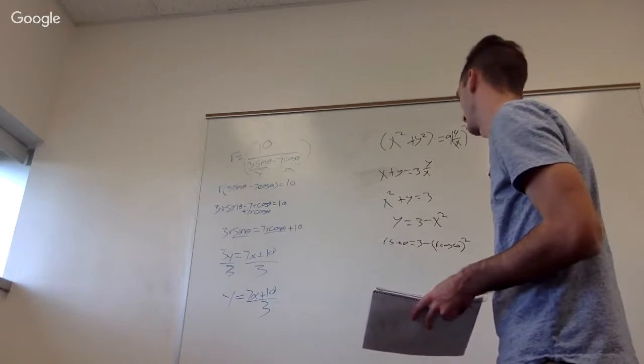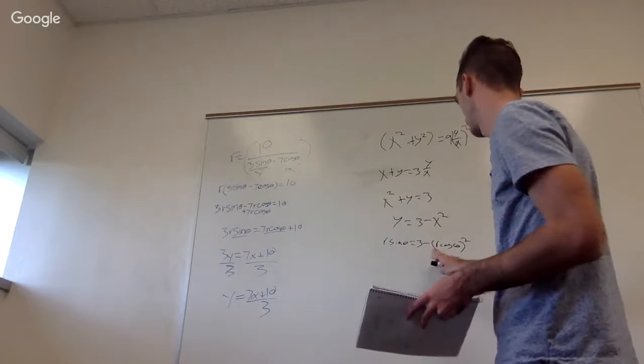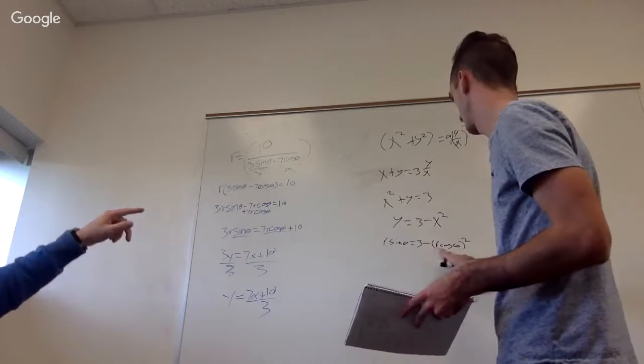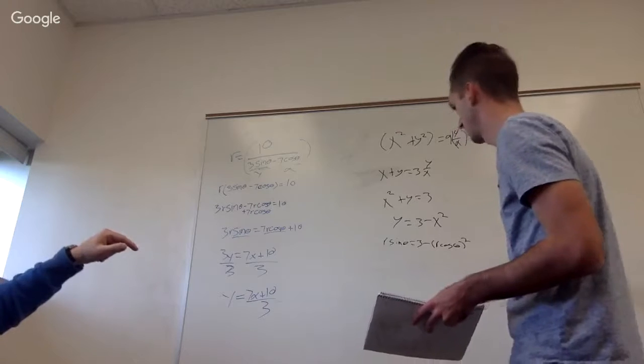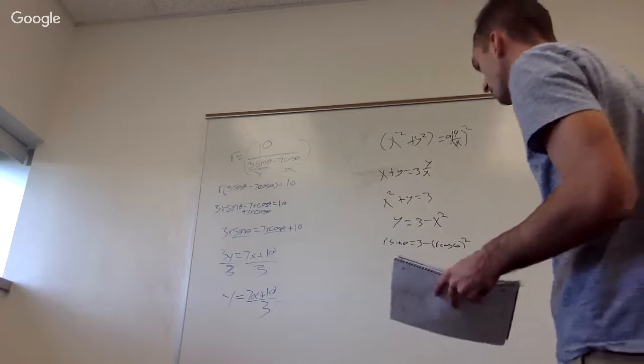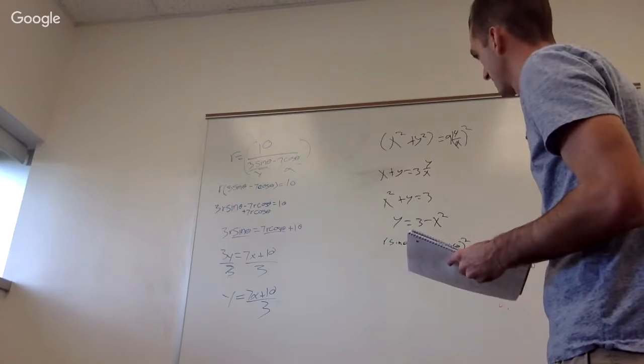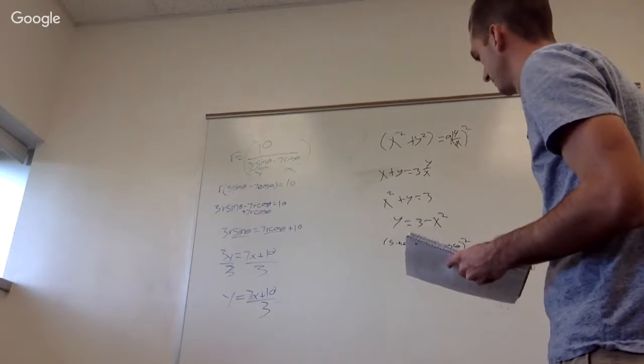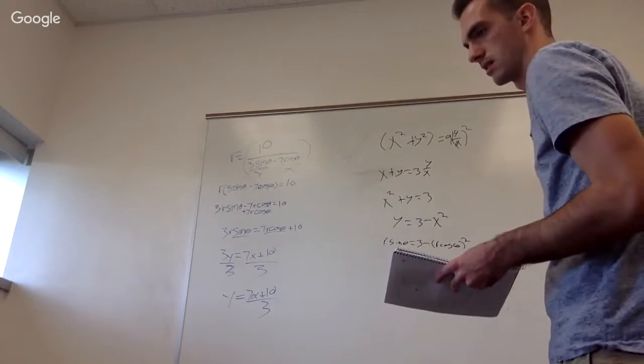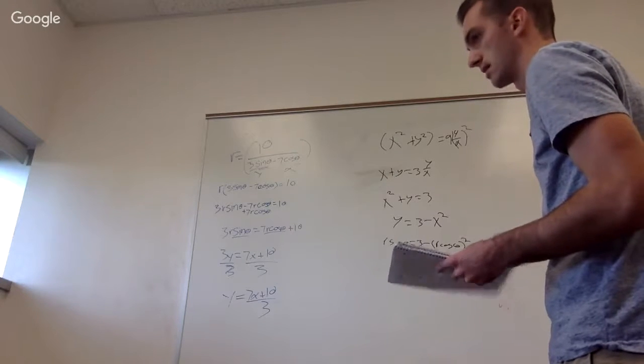No, I just have to square it. Oh, square the whole thing. You're right, because we have to get r equals. What's the r equals formula? Well, we just have to get r equals. Yeah, that's all I have to do.